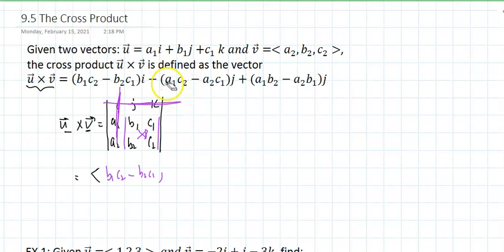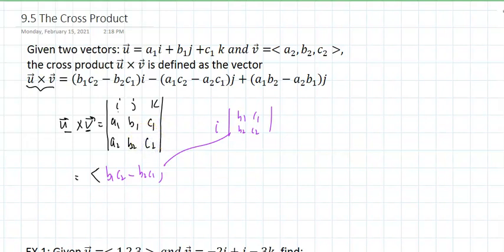Right? I could write that out. I could say that's i times b1c1 minus b2c2, and then do this afterwards. That's going to be a lot of work, and we're going to do this on almost every problem. So we really want to find a quick way of doing that, and there it is.